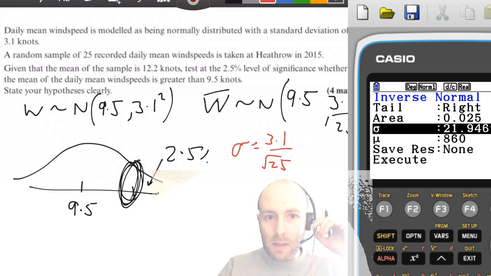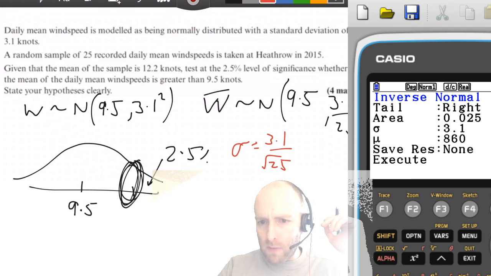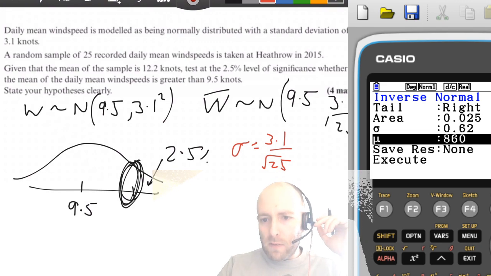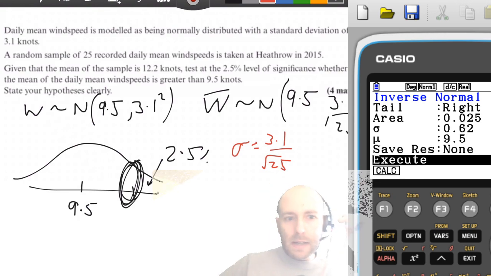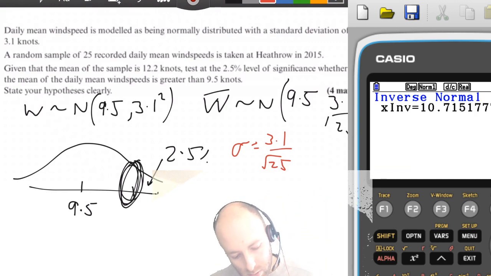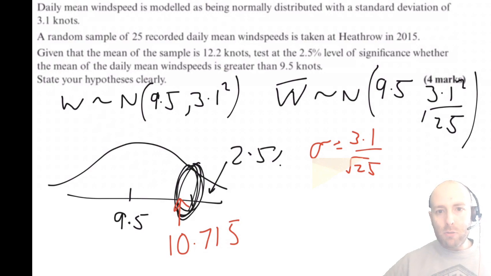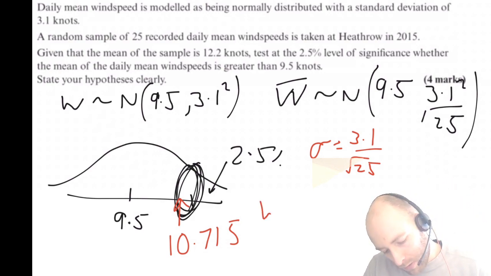Sigma is going to be 3.1 over 5, and mu is going to be 9.5. Cool. Go to execute. And that tells me the value is 10.7. So that is my critical value. So my critical region is anything greater than 10.715.